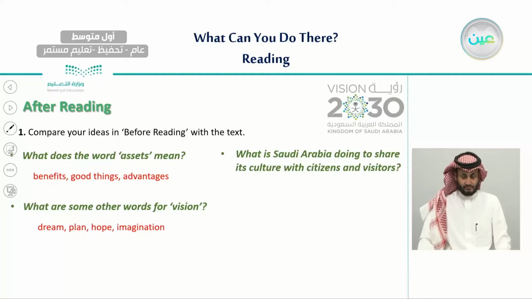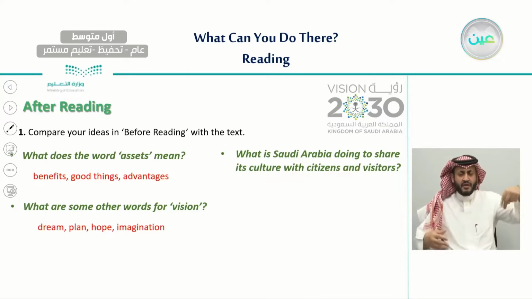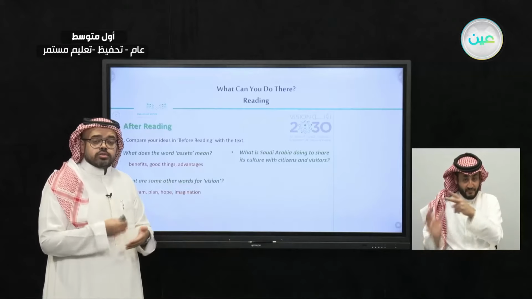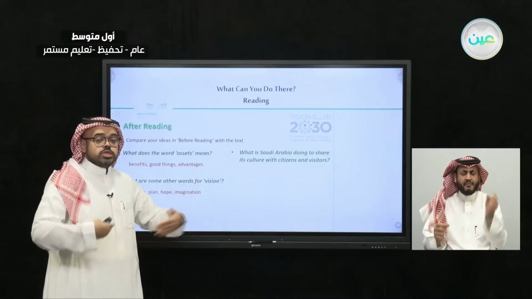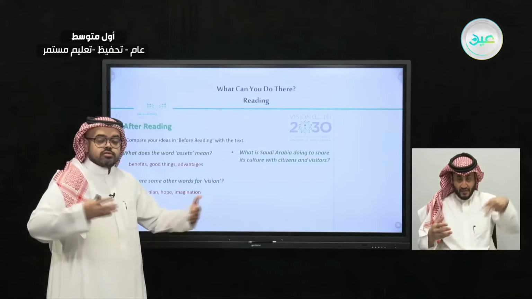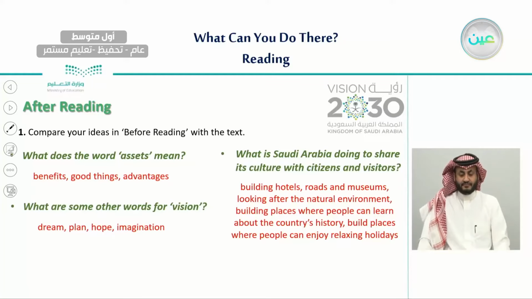Also, the other question we have here is, what is Saudi Arabia doing to share its culture with citizens and visitors? So what exactly, according to the text we have read, is Saudi Arabia doing to share? To share means to let the visitors and its citizens know about its culture. There are many things mentioned in the text, so let's read it together.